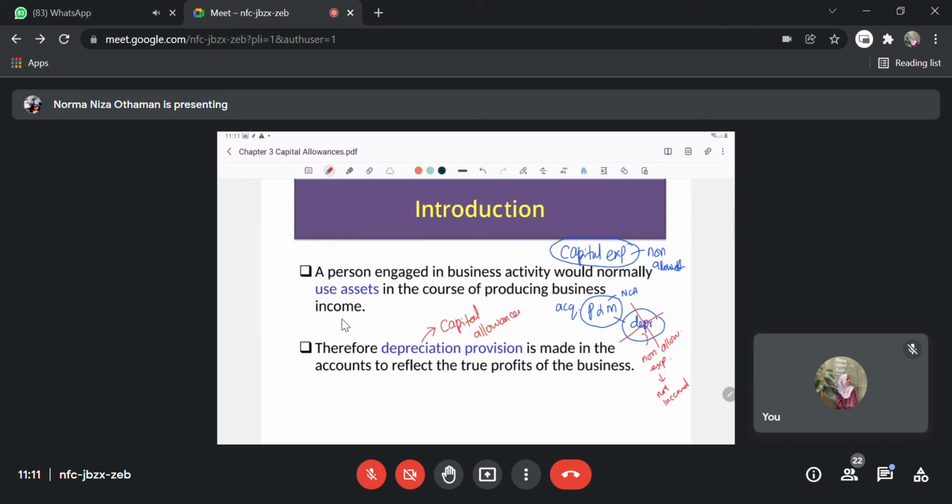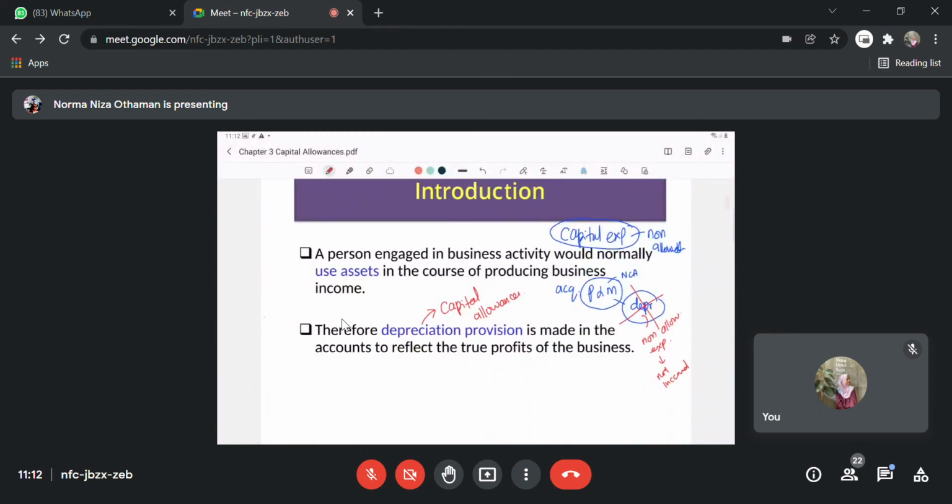Is it clear guys? Boleh tak for introduction part kat situ? So you boleh tengok yang dekat introduction page 311 tu samalah. Right? So dia kata kita tak benarkan untuk depreciation ditolak, akan tetapi in tax purposes they allow the capital allowances. Dia benarkan capital allowances, right?